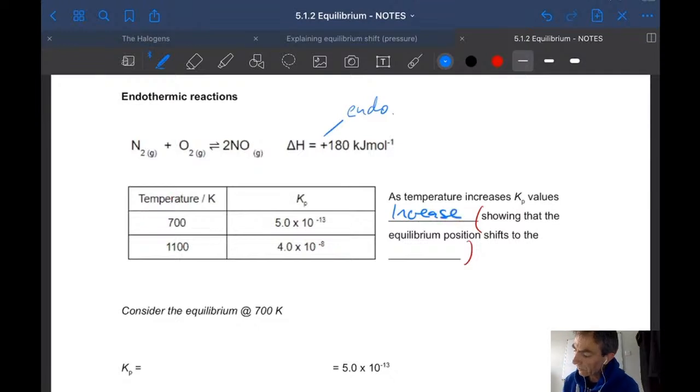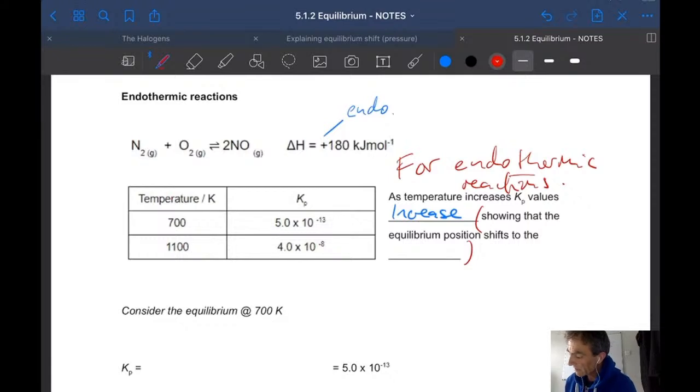And that's true for all endothermic reactions. So I'll just write that there. For endothermic reactions, as temperature increases, Kp values also increase. I'll highlight that because that is the important bit there.